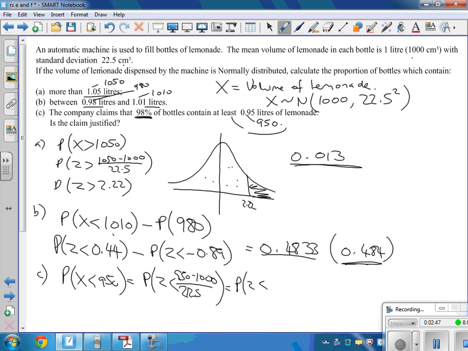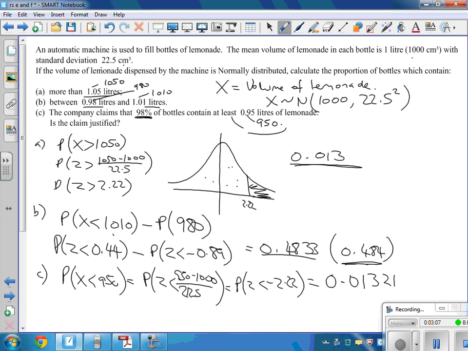So Z is lower than, is that minus 2.22? And the chance of Z being lower than minus 2.22 is just 0.0132, I think. I'm just working that in my head as we go. So we've got a really tiny percent.